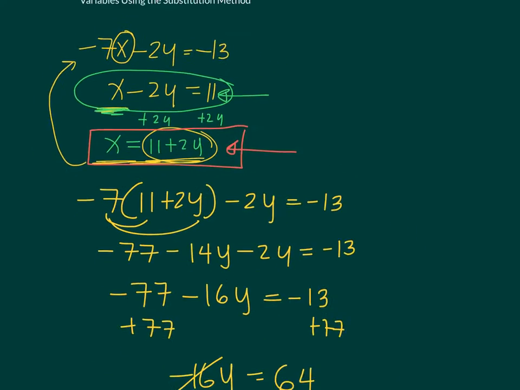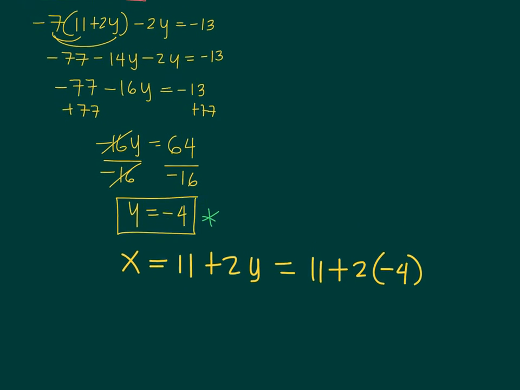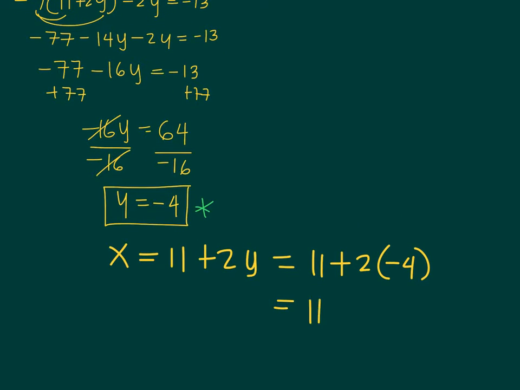Since we already know that y is negative 4, then we have 11 plus 2 times negative 4. 2 times negative 4 is negative 8, so that's the same as 11 minus 8, which is equal to 3.